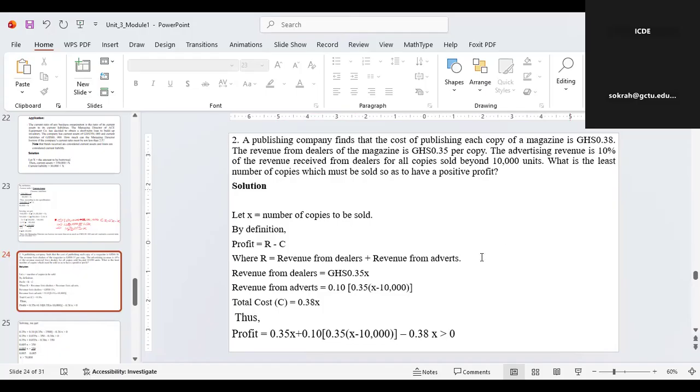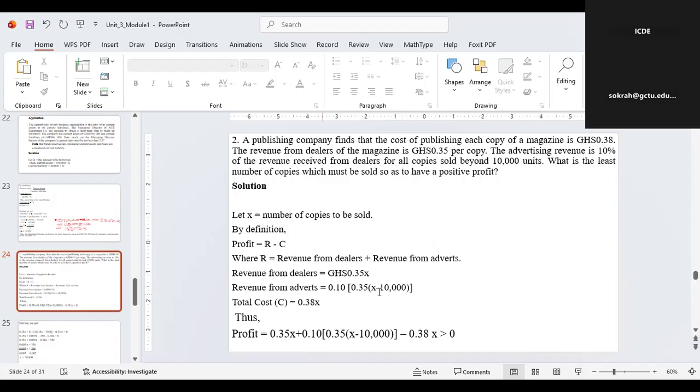So you get 0.10, of the revenue from dealers, for the copies beyond 10,000 units. So you subtract that 10,000 units.